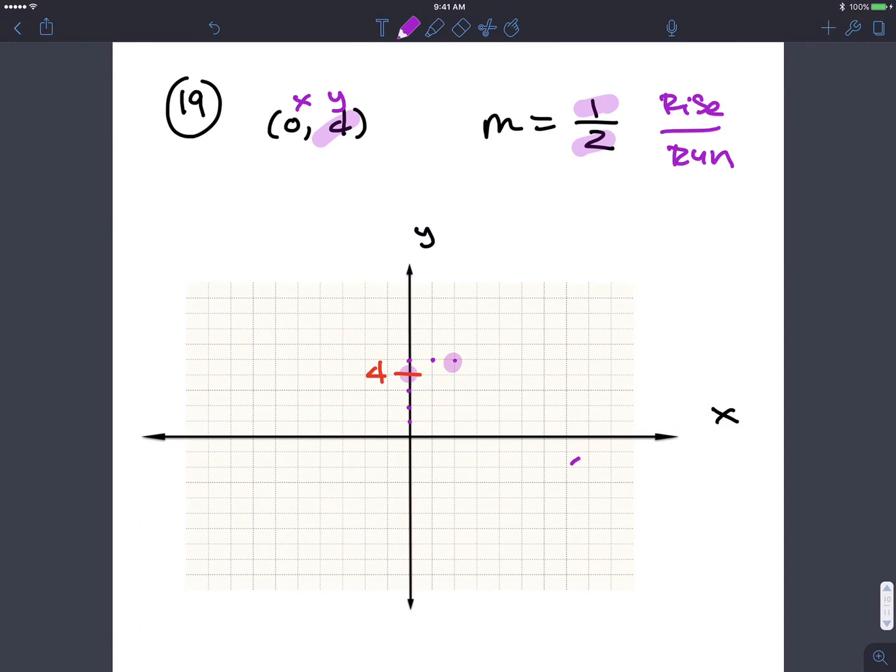Let's get the iPad to cooperate. Let's try that again. Here's our line.